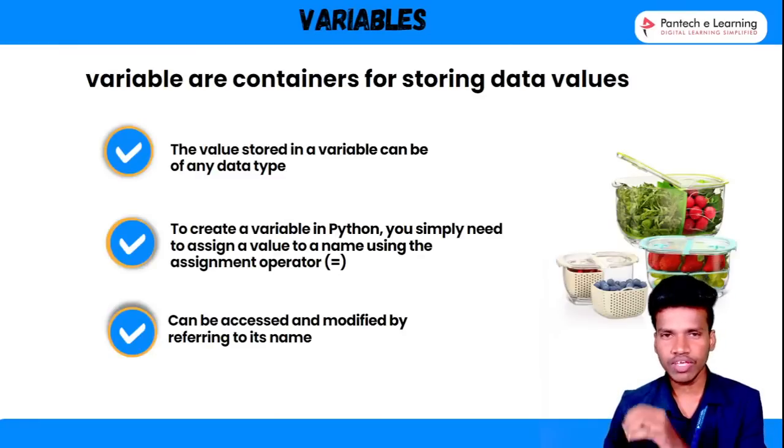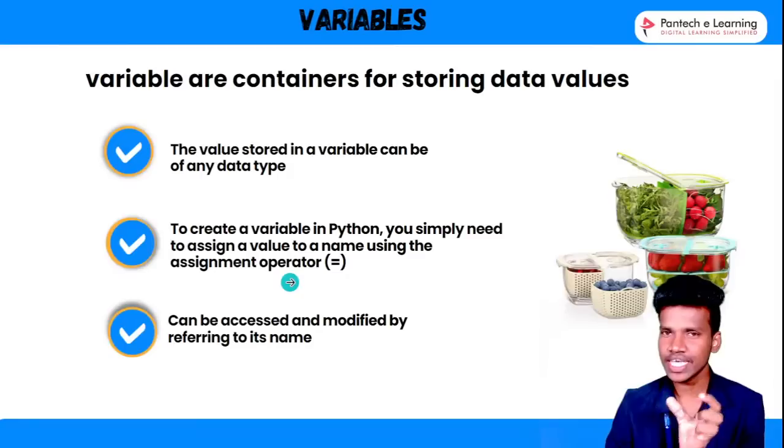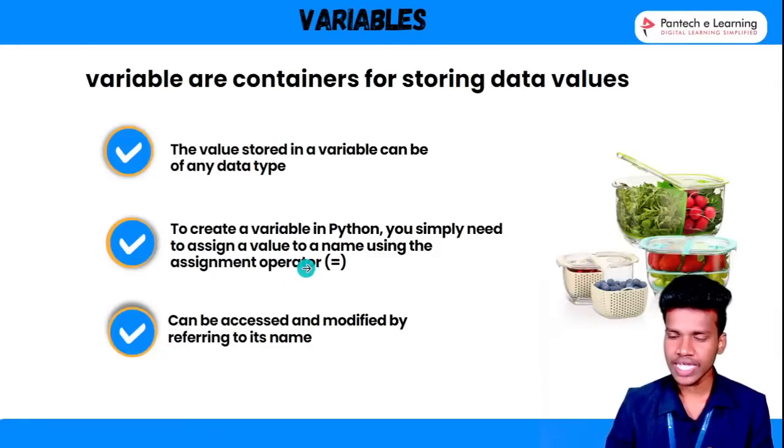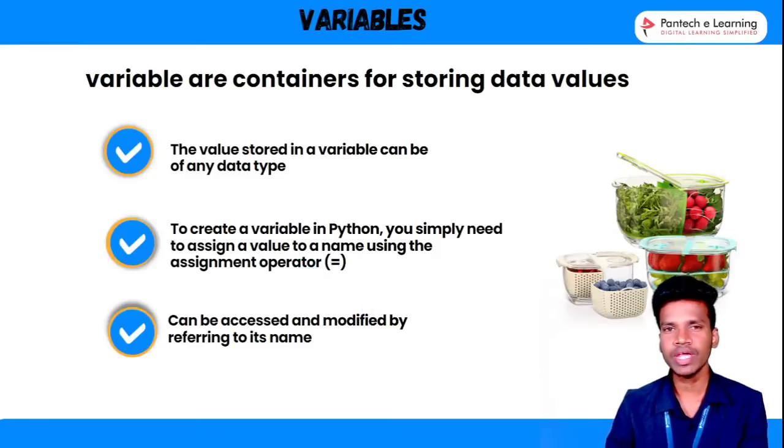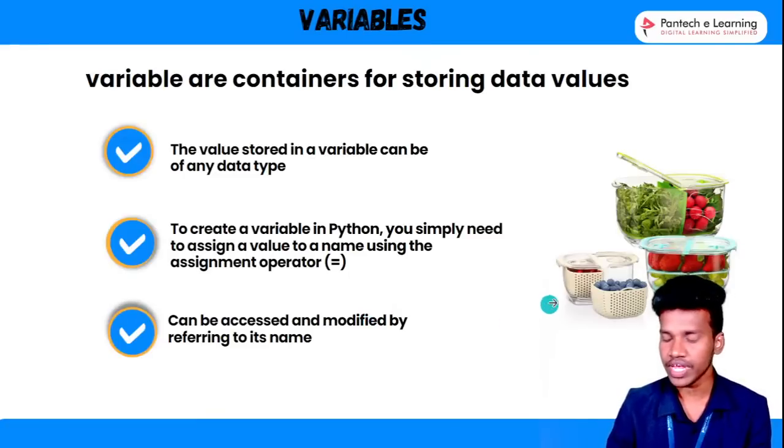If we are storing a value in a variable, we use the equal sign. The equal sign is used as a mediator to assign the value to the variable. The variable can be accessed and modified by referring to its name. If we want to access the value, we call the name, and automatically the value will be produced. That is the reason we use variables.